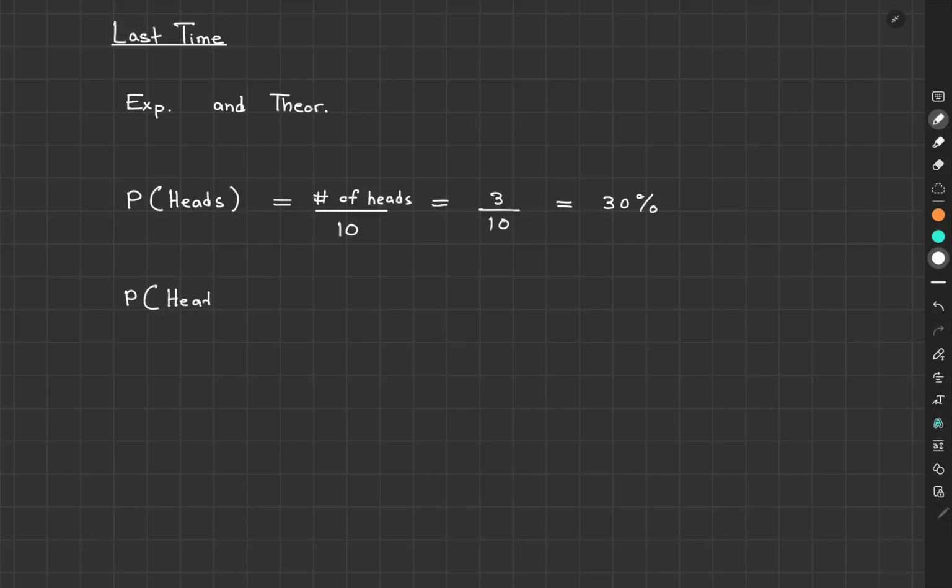Now, the theoretical probability is your number of favorable outcomes divided by your total number of outcomes in your sample space S. Our sample space in this case is either just heads or tails.